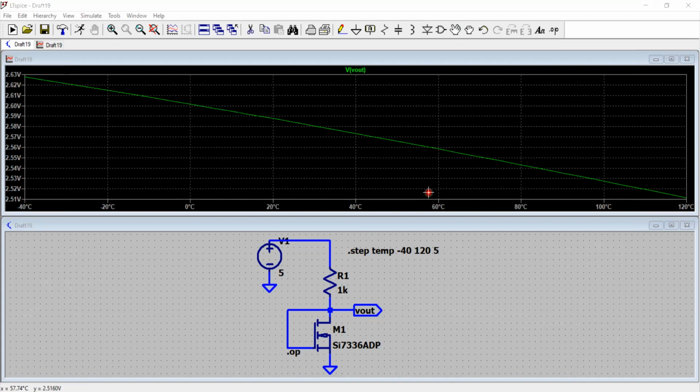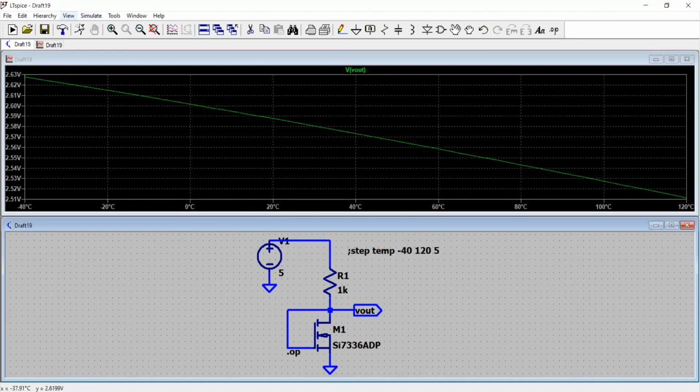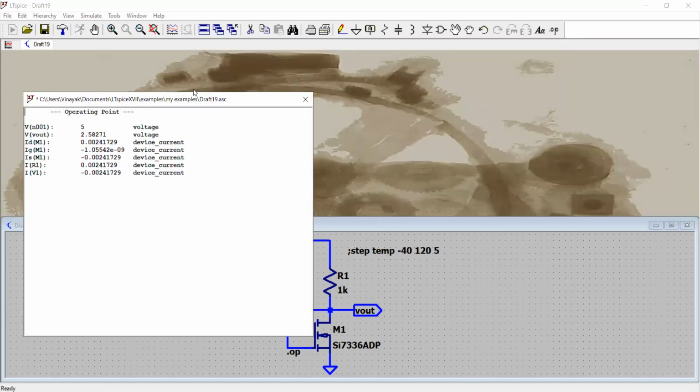Okay, so let's connect the .op operating point analysis before. Just disable this analysis initially, the .step. So I would just do like this. Look at this, with this it is disabled. Now I click simulate and this file is generated, giving me the currents and the voltages in the circuit.